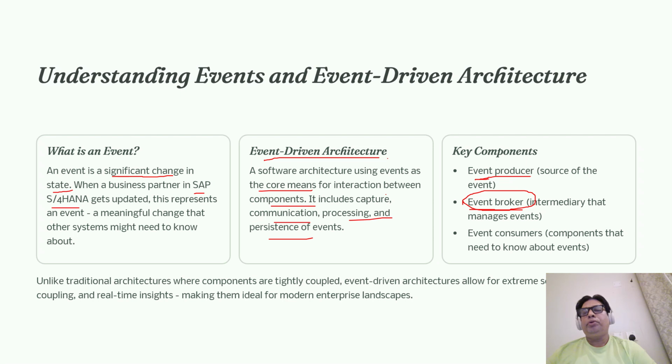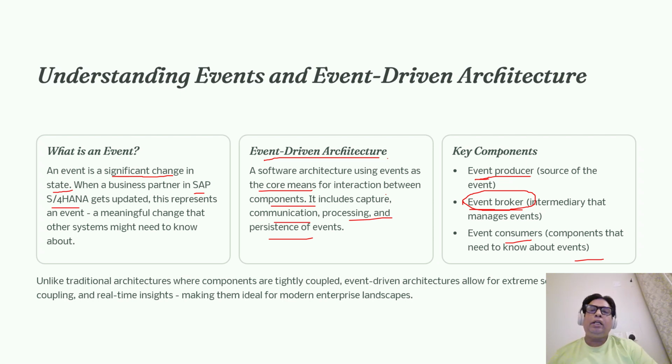The event will be produced by the system and moved intermediately by the broker that manages the event, and then consumed by the consumer. Okay, so this is the consumer component, known as the event consumer at the end. Generally, unlike traditional architectures, we have one advantage here.